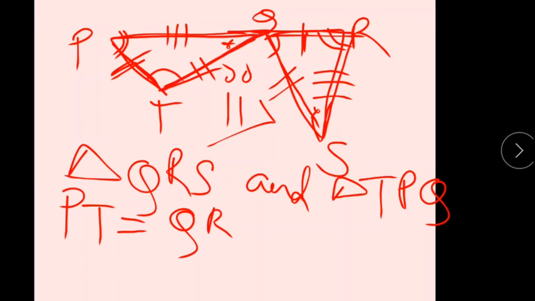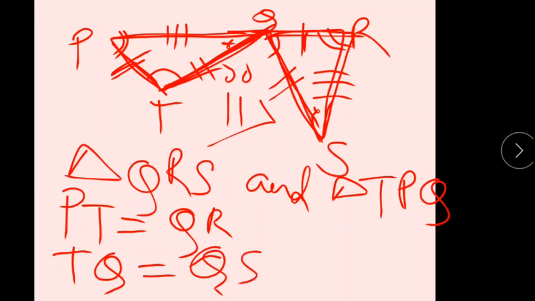Another we can mention here is that TQ is equal to QS. I hope you see why I have written QS: 2 lines are represented over here, which indicates that these 2 sides are equal. And another we can also write is that PQ is equal to RS.